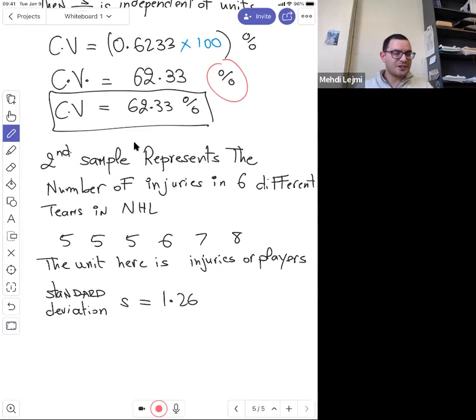But it's not 1.26 inches, it's 1.26 injuries or players.